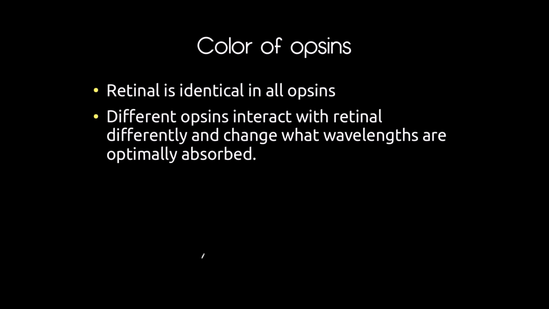What turns out is that different opsins interact with the retinol differently, and that changes the wavelengths that are optimally absorbed by retinol. So there's this interaction back and forth: the opsins affect what wavelengths the retinol maximally absorbs, but when the retinol changes from the cis to the trans conformation, it also changes the activity state of the opsins as well.